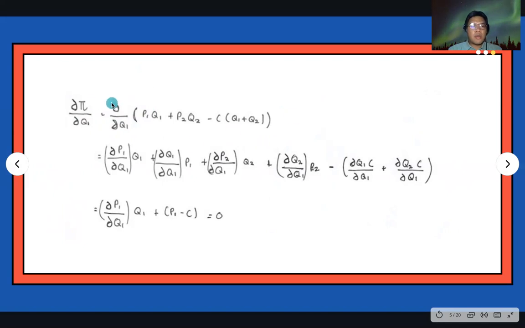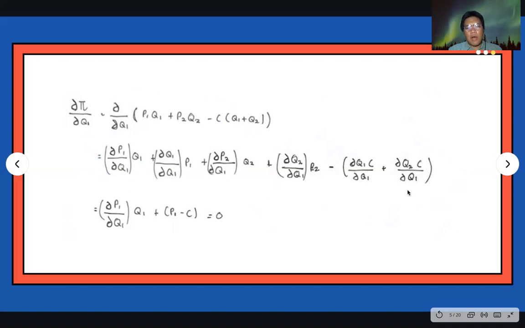However, the derivation here works by the distribution of multiplication. So with this derivation, we just want to distribute it into each of the variables or each of the functions. So we got it here.